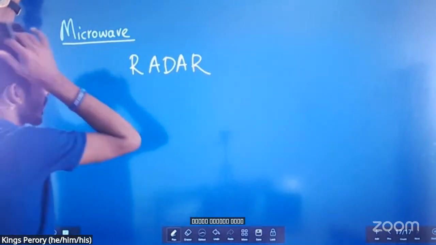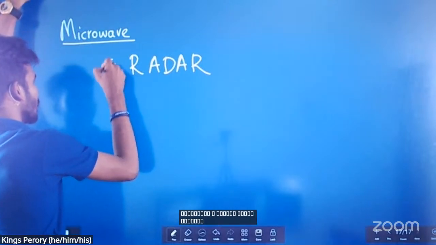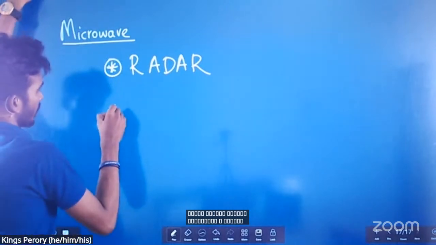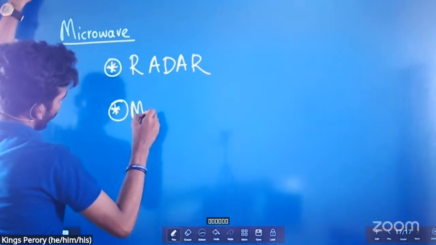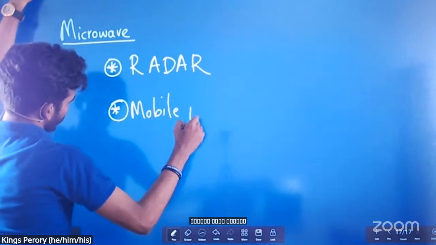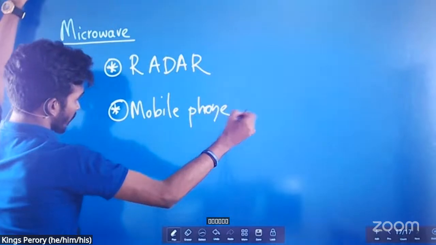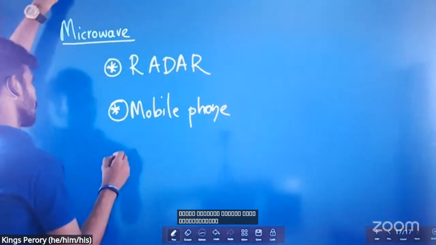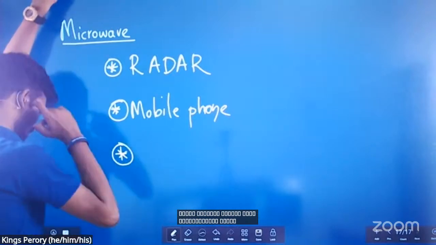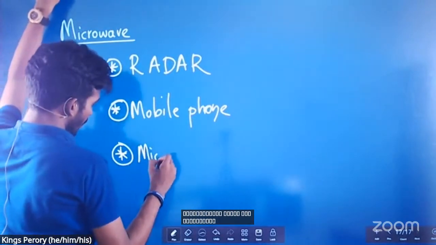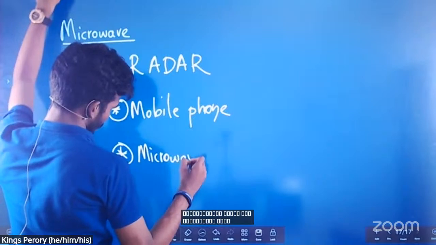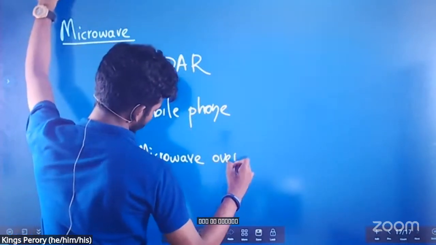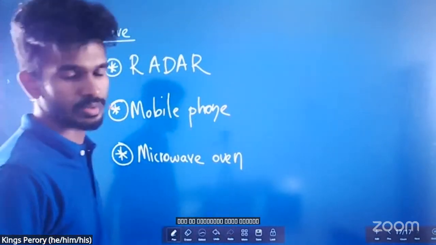I'll talk about radar separately. Next, mobile phone communication. Wavelength is long. And in microwave oven, microwaves are used.